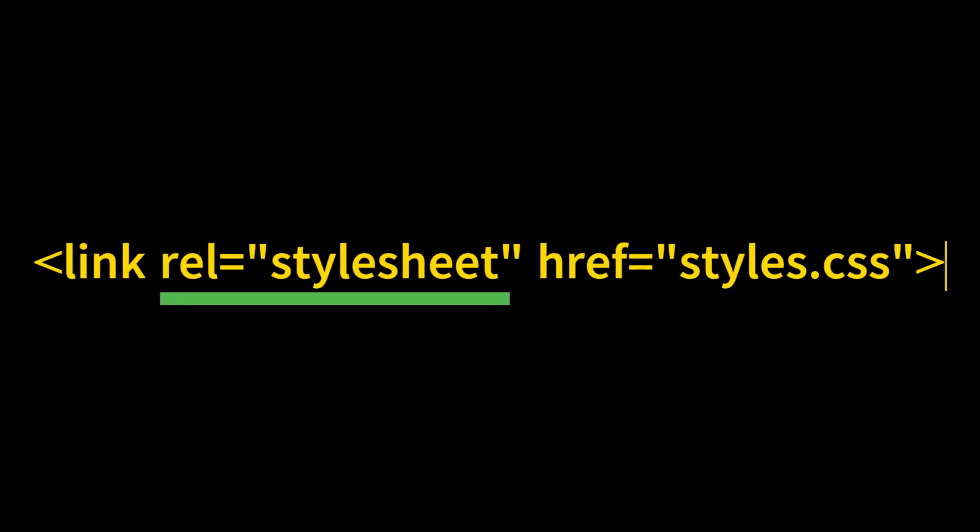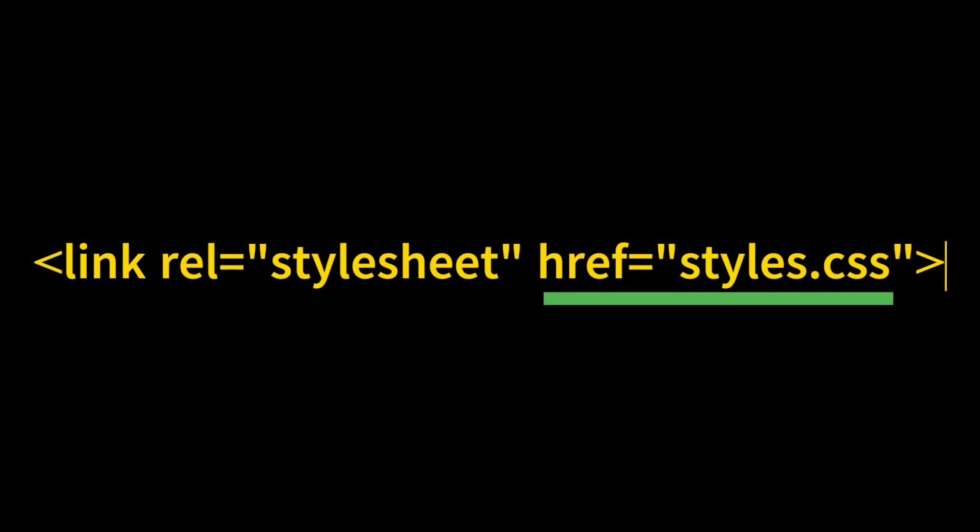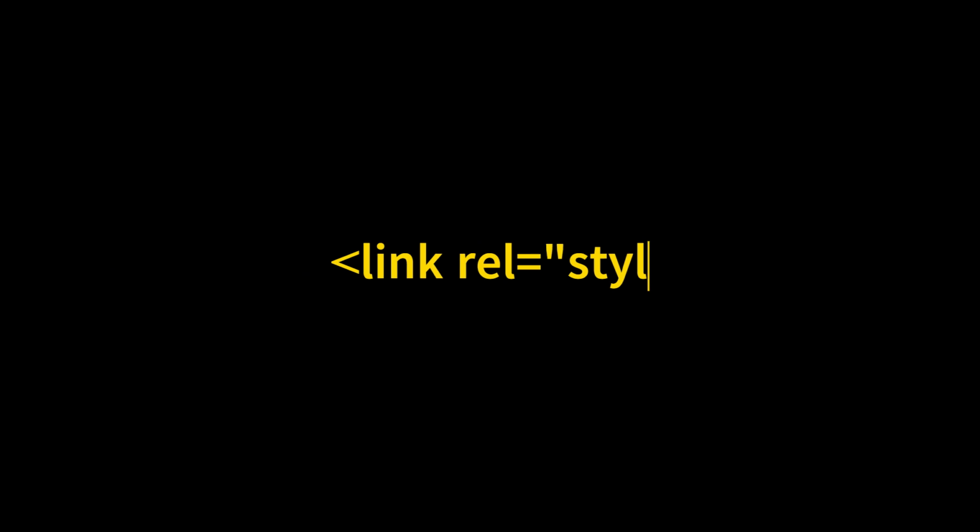Here, the rel attribute defines the relationship between the current document and the linked resource. And stylesheet indicates that the linked file is a CSS style sheet. The href attribute specifies the path to the resource, which in this case is style.css.